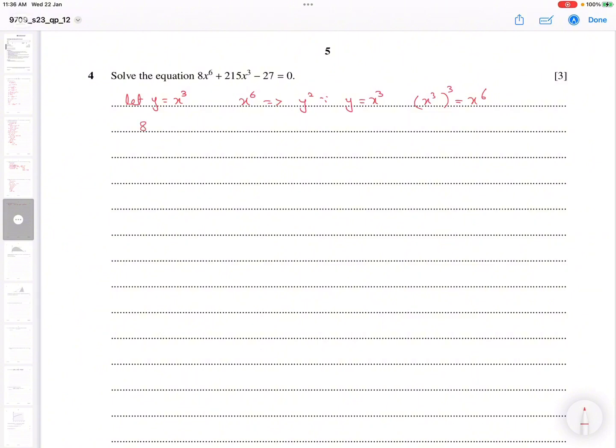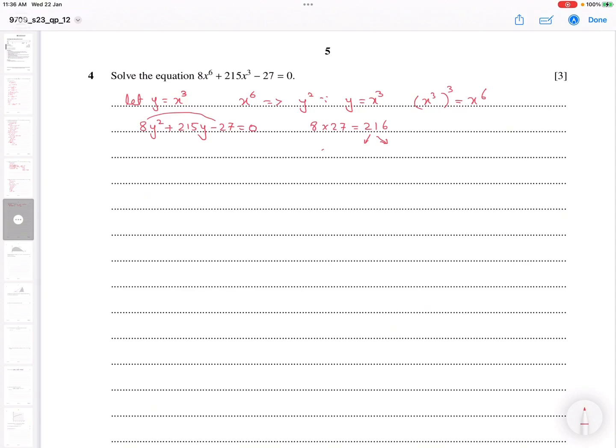So I can write 8y squared plus 215y minus 27 is equal to 0. Now mid-term breaking: 8 times 27 is 216. I have to make factors of 216 so that those factors, if I add and subtract, I should get 215, which is in the middle.